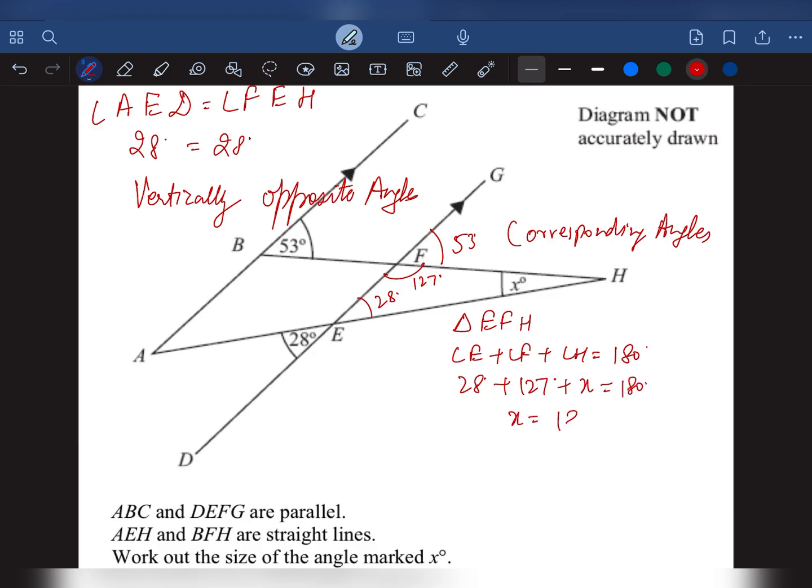To find the value of X, let's take the other angles to the right side and subtract. X is equal to, first of all, from 180 take 127, you will get 53, and then take away 28 from that and you will get X as 25 degrees. So this is the value of X.